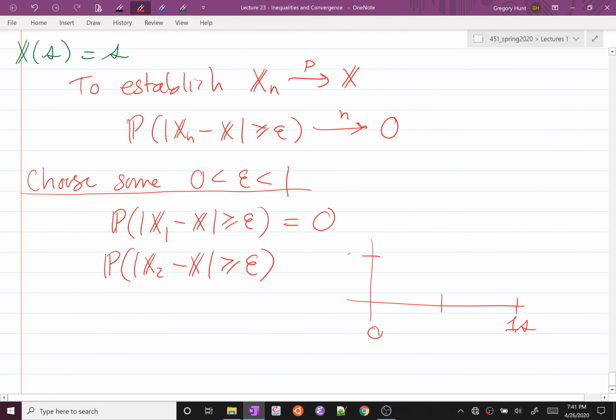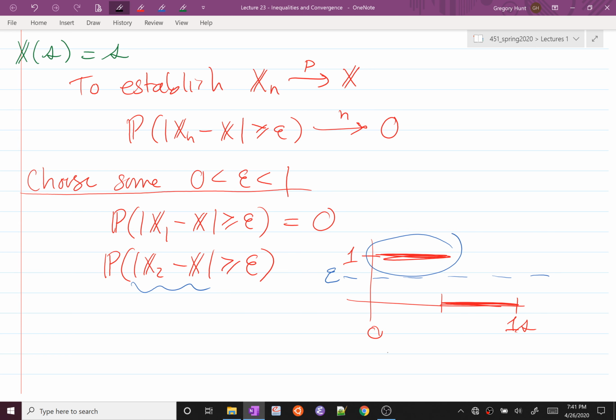So it takes on a value of 1 over the first half and a value of 0 over the second half. Now, if I have some value epsilon, what's the probability that this difference is bigger than epsilon? Well, it's only going to happen if it's in that first half. And so if we have a uniform density over 0 to 1, this will just be the probability of being in that first half, which is 1/2.